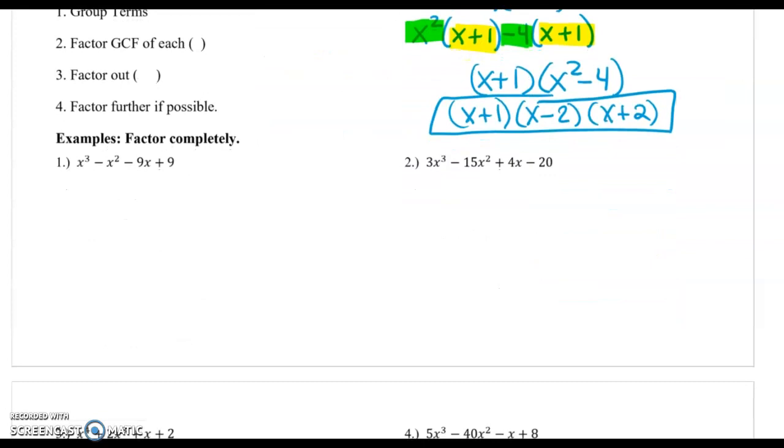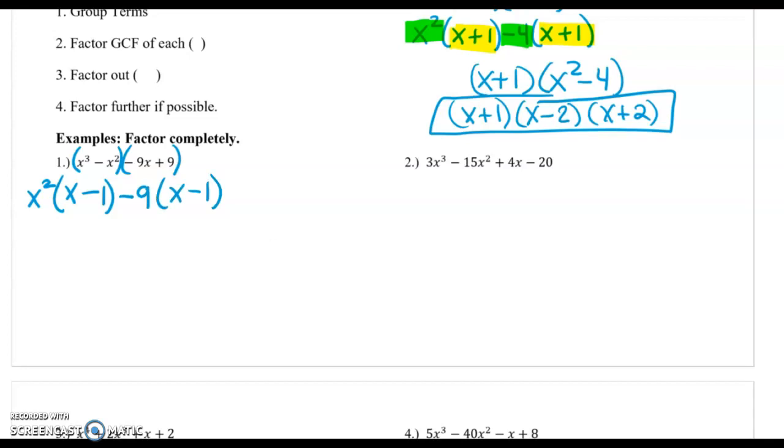All right, so for this next one, we have 4 terms. So we know as soon as we see 4 terms that we want to group it. Then we're going to take the GCF out of that first term, which would be x squared, and we're going to have an x minus 1 left over. And then for the second term, we're going to take out a negative 9 to get x minus 1 left over.